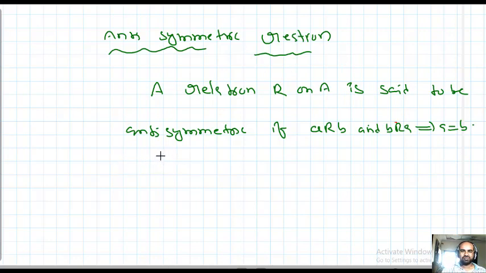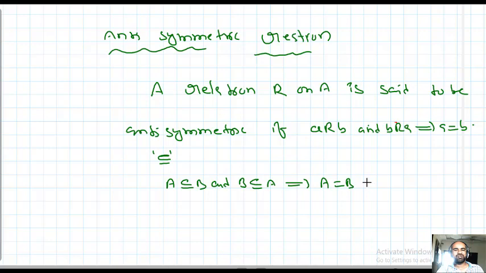Take for example subset. A is a subset of B and B is a subset of A implies A equal to B. This should be true, then only it is said to be anti-symmetric. Actually it is true. When A is a subset of B and B is a subset of A, A equals B only. So subset is an anti-symmetric relation.